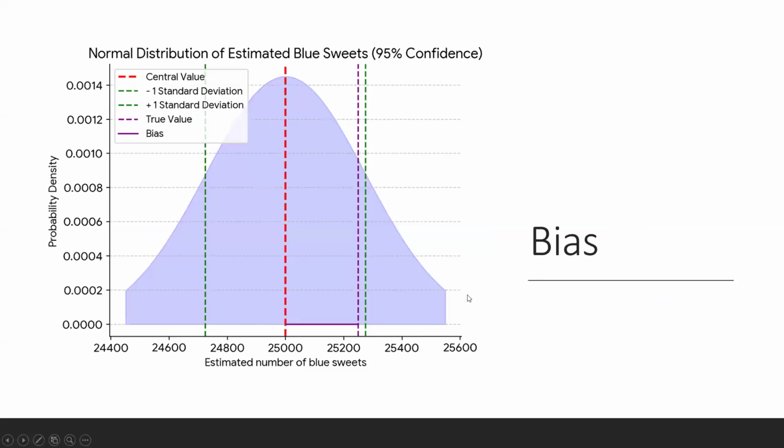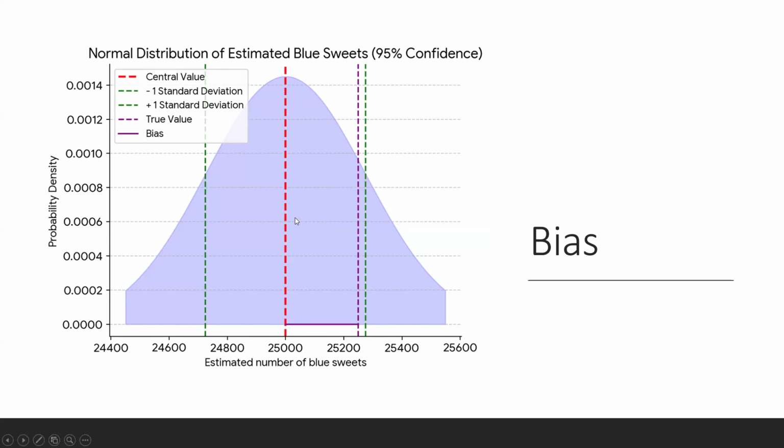So if we return to the sweet pot analogy and we've taken 30 samples, obtaining estimates of the number of blue sweets, we obtain this central value that we suggest is likely the true value of sweets in the big pot. And our estimates all seem to converge around this number with a fixed standard deviation.